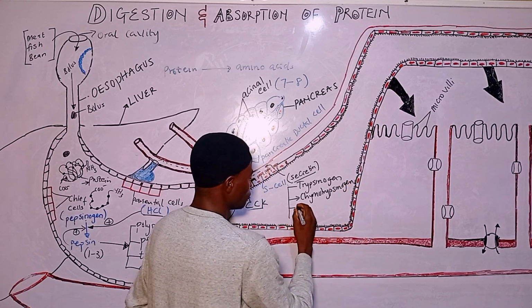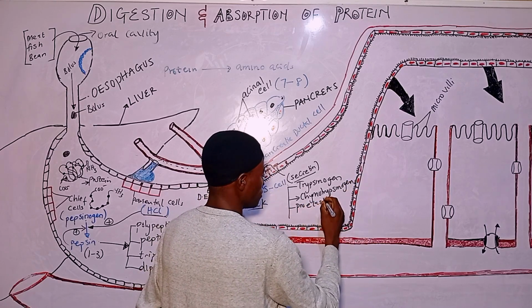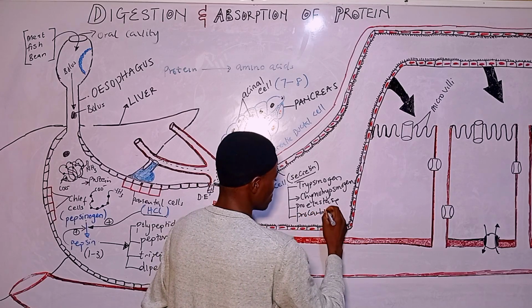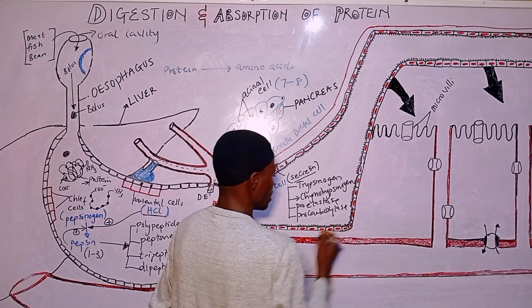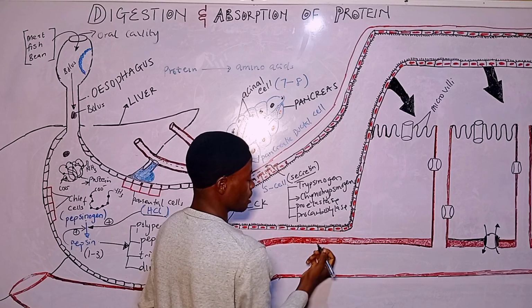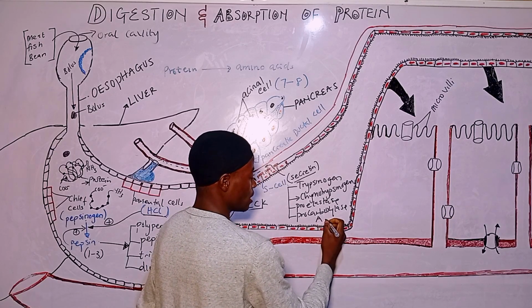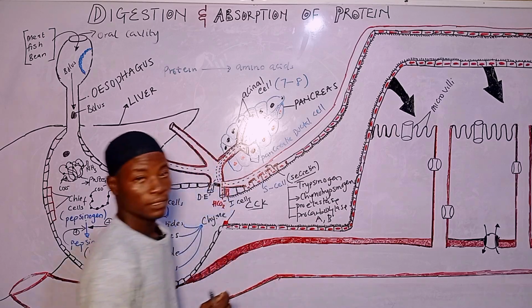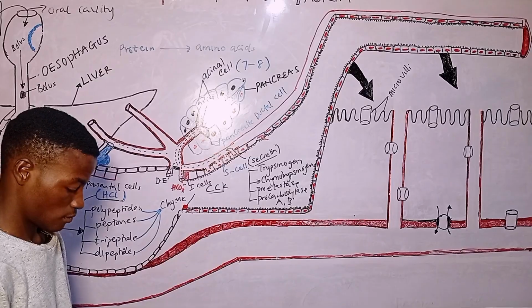Then we have another one, proelastase. Then we have the procarboxypeptidase, right? And this procarboxypeptidase can be of 2 types, A and also B. We have procarboxypeptidase A and procarboxypeptidase B. That's basically what we have.